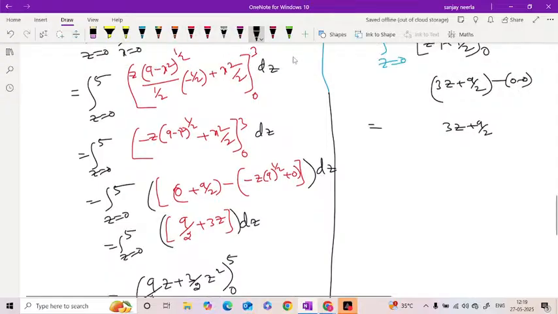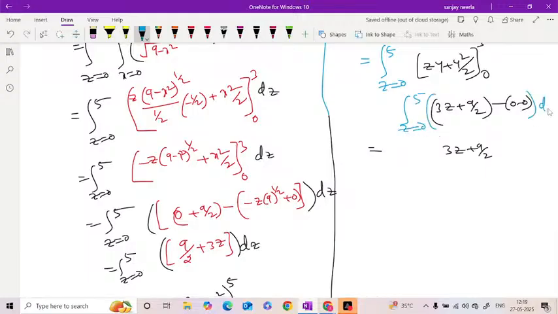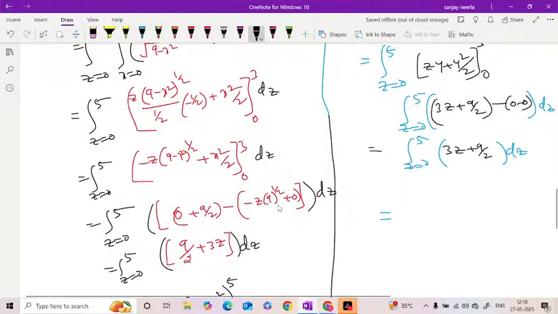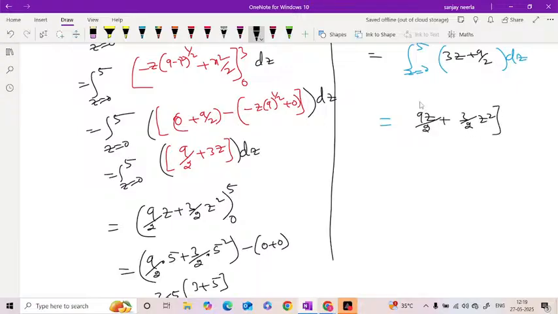Now the next integration: integral z from 0 to 5 of that, dz. We already know the result: 9z by 2 plus 3 by 2 z square with limits from 0 to 5.